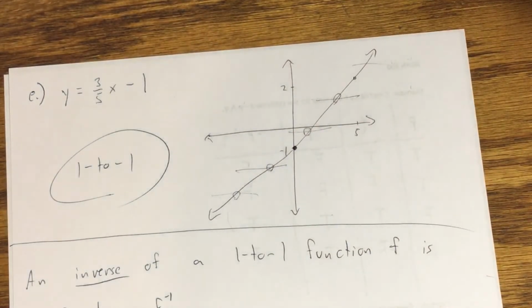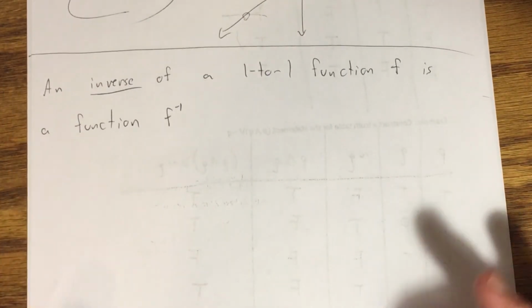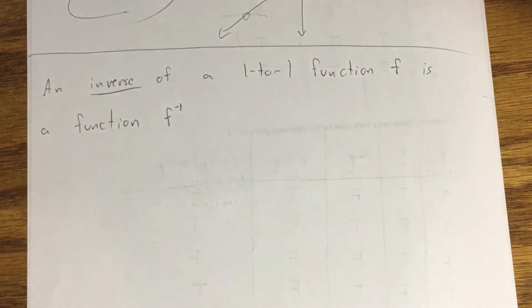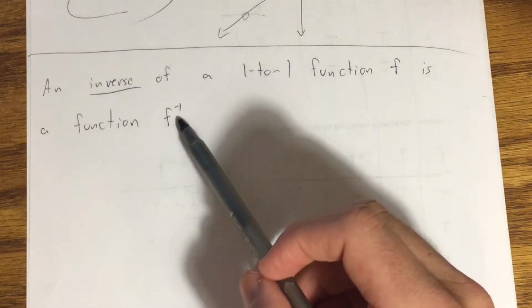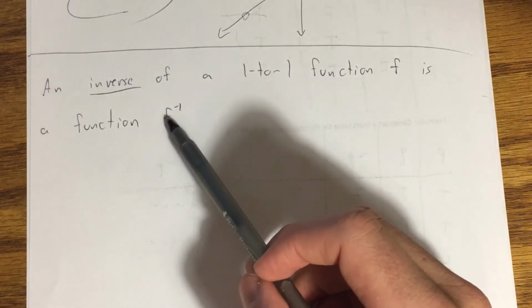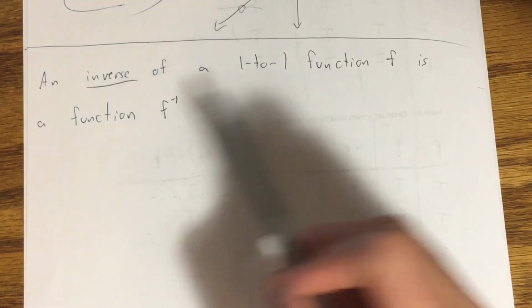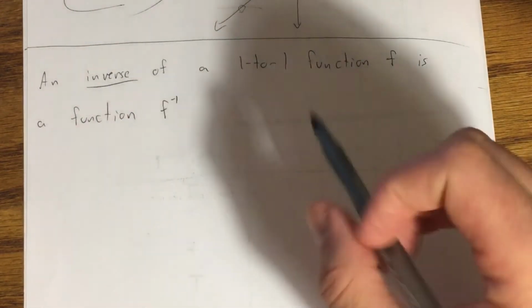You'll notice I'm using exponent notation here. It looks like f to the -1 power, but it doesn't actually mean the same thing as the -1 power. The literal interpretation of this is just f inverse. That's how we say it. And it's simply another function that's related to f in a particular way that we're about to define.